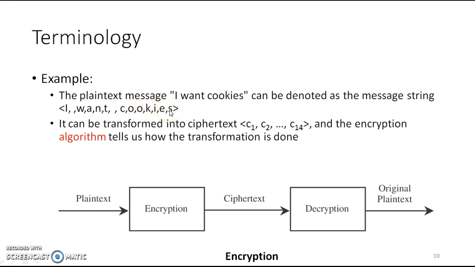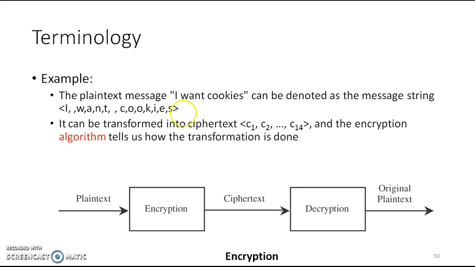So these are 14 along with the two spaces, so 12 letters with the two spaces. So we will have a total of C14. C1 is I, C2 is a space, C3 is W, and the last one, C14, is S, the last letter of cookies. And the encryption algorithm tells us how the transformation is done.